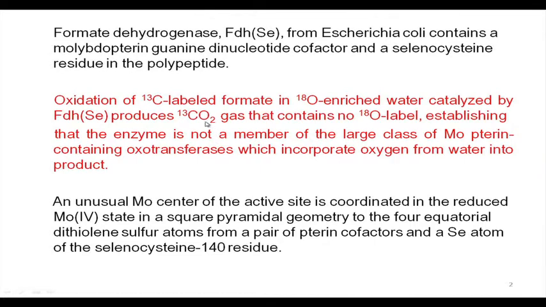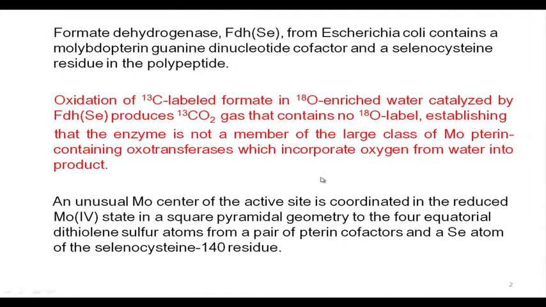But if the gas formed in the formate dehydrogenase reaction has no oxygen labeling, we can conclude that it is not a member of that class of molybdenum enzymes, the other oxotransferases like xanthine oxidase and others, where oxygen is incorporated from the water into the product.